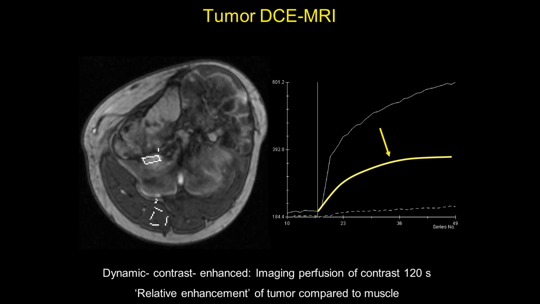So this indicates that the perfusion of the tumor is decreasing. And then we can also clearly see that the overall vascularization of the tumor has decreased as well. So this may be very helpful for our oncologist in determining whether this patient needs more chemotherapy or not.